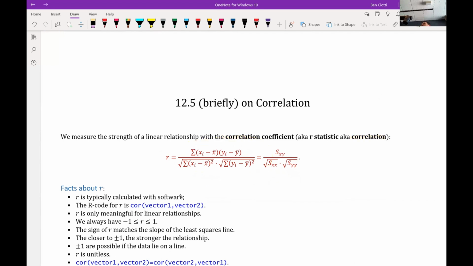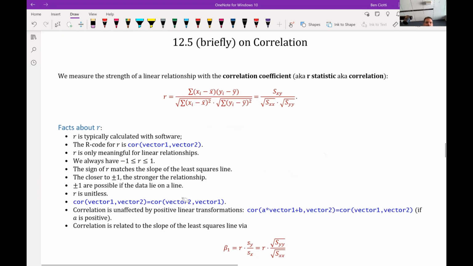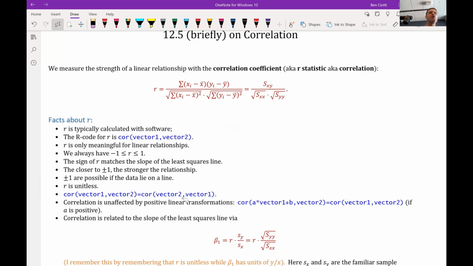I don't know if I've ever computed one by hand. I've probably computed one or two by hand, but you would almost always use software. And the R code for computing the correlation R is cor, C-O-R, of the vector of x data and the vector of y data.